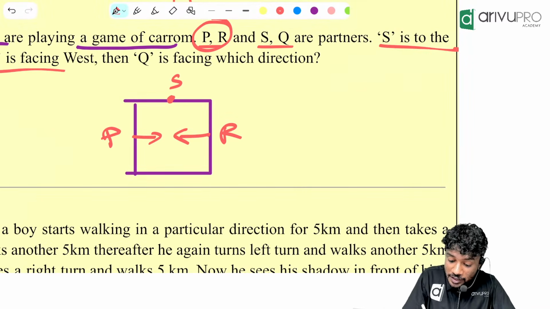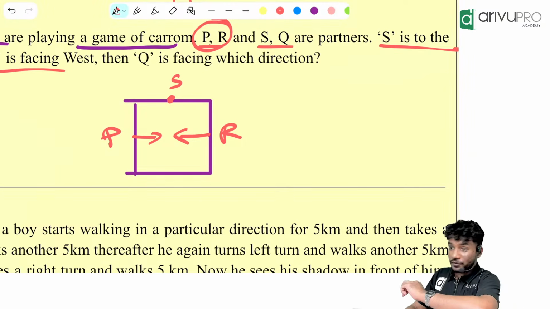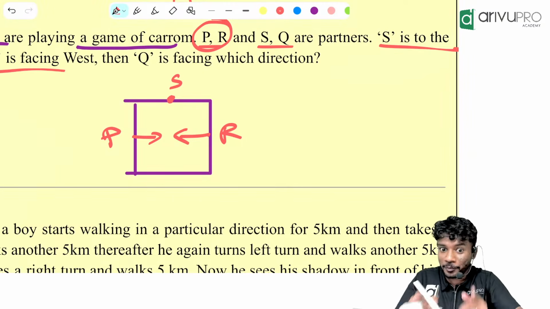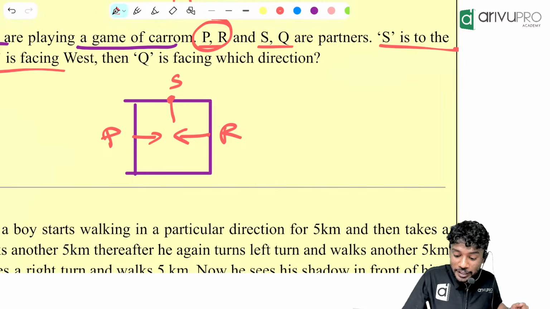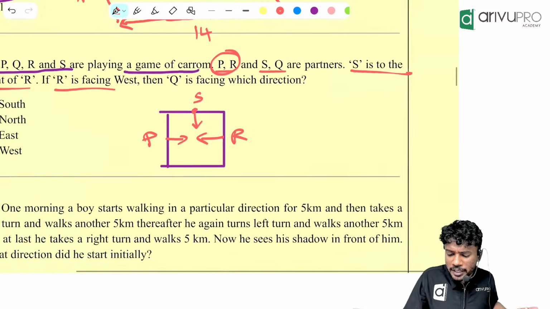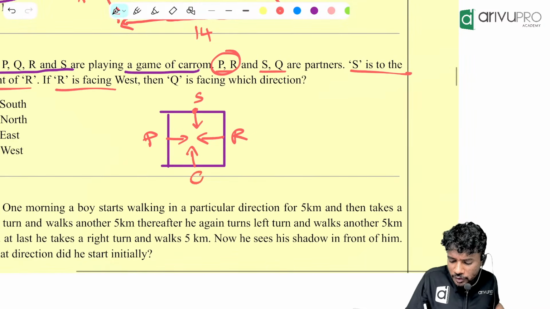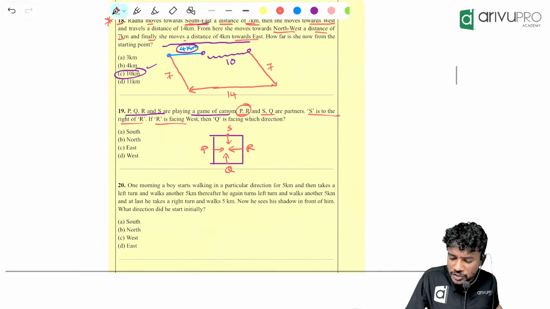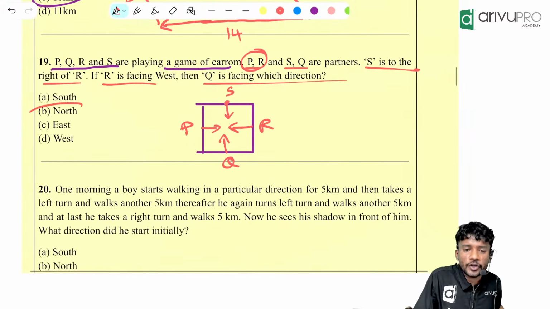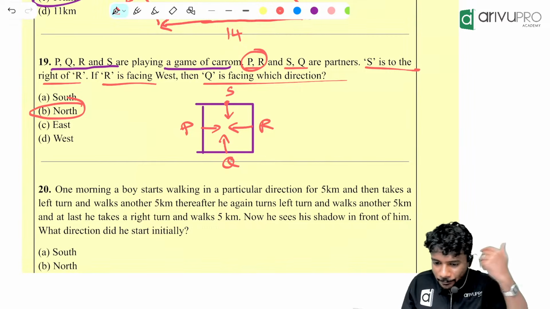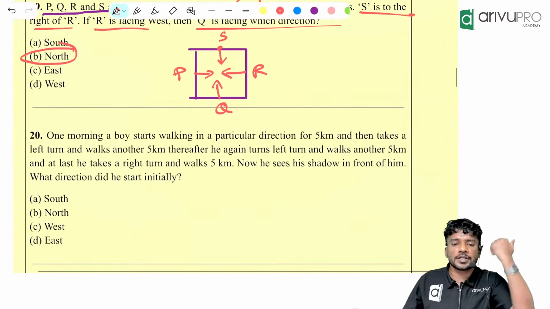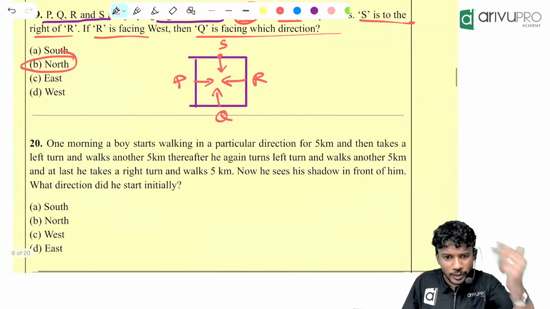But which direction will he be playing? Will he be playing away from the carom board or looking towards the carom board? Looking towards the carom board. So S is looking this way. Then who is the remaining person? Q is looking in the opposite direction. So which direction is Q facing right now, people? North direction. It is a combined chapter based question. Chapter number 10 and 11 together.